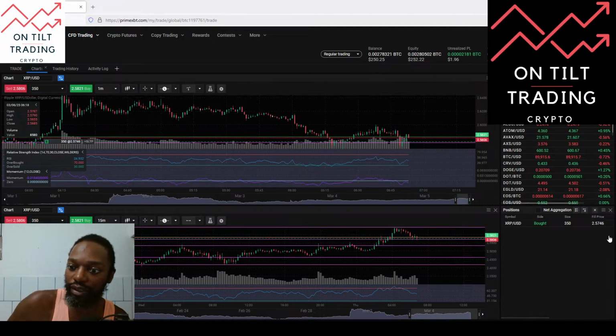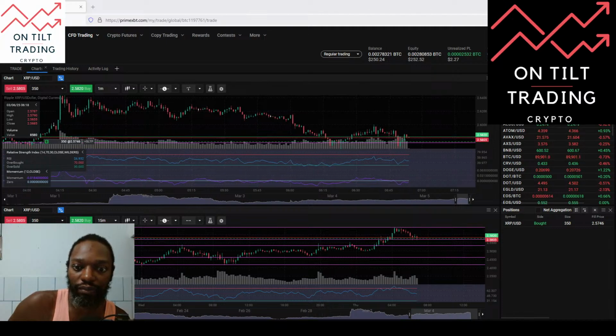So I was using this momentum indicator here to take entries. I would have taken an entry right here on my previous system.